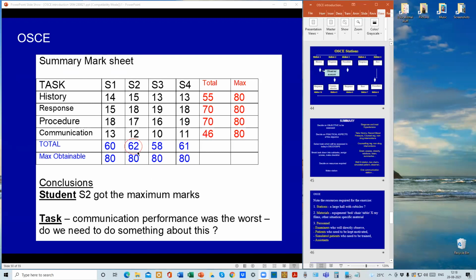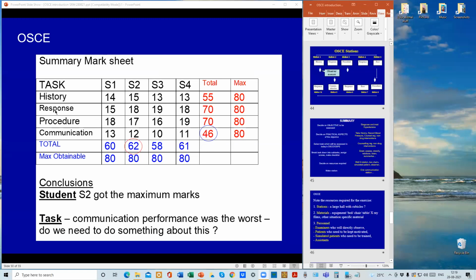But I am drawing your attention also to the totals on the rows. If you look at these totals, you find that the communication task got the lowest marks of all the 4 tasks. Now, does that tell us something? Does that tell us that we need to emphasize our communication skill development in our students a little more?